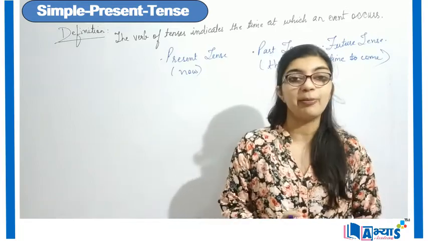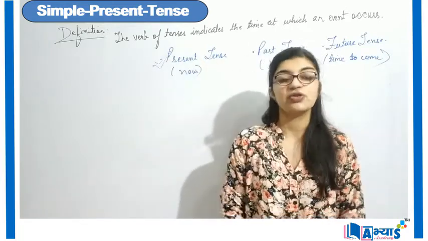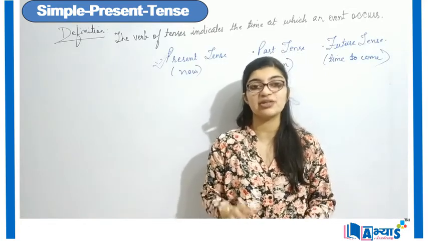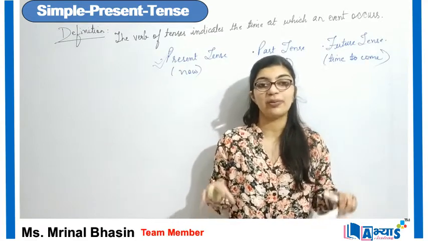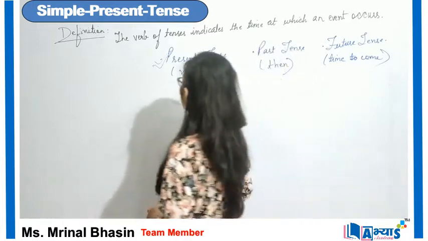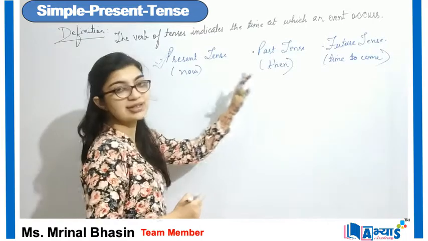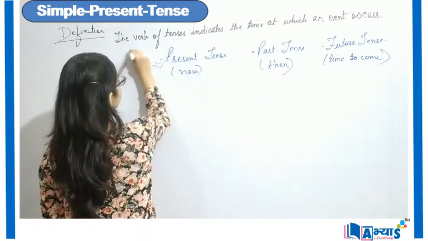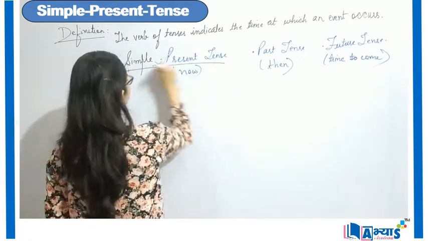So today our main focus will be on present tense. So present tense determines the time which is taking place, or the event which is taking place at the present form, right now. So the rule for identifying simple present tense. First type of tense is simple present tense.